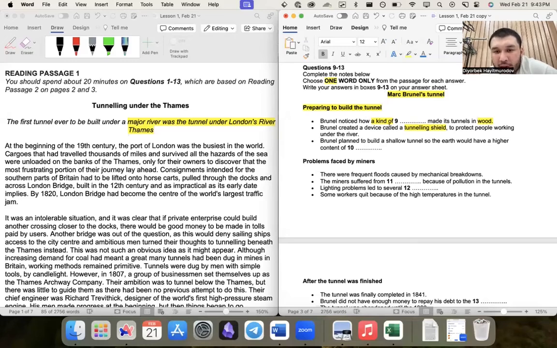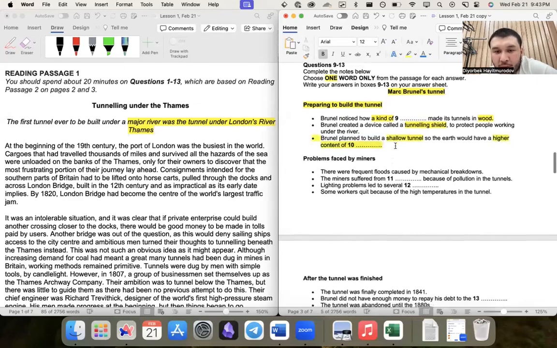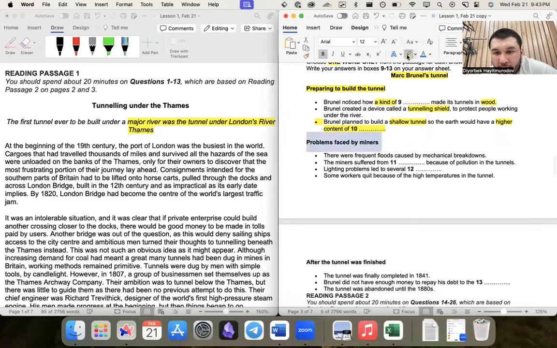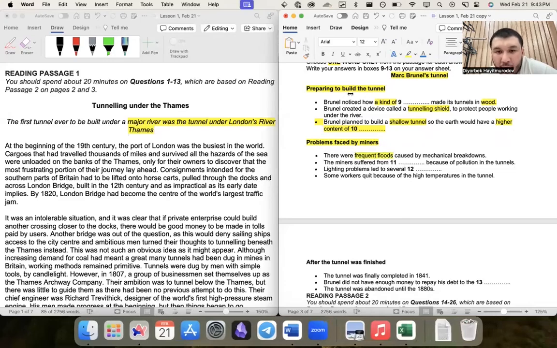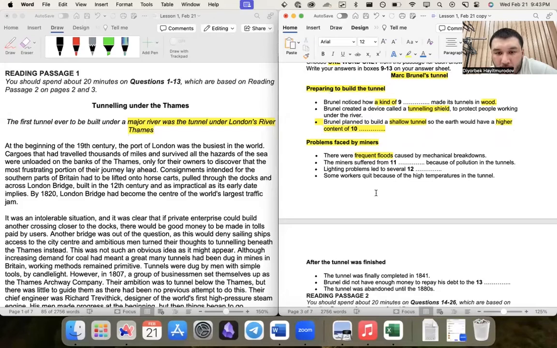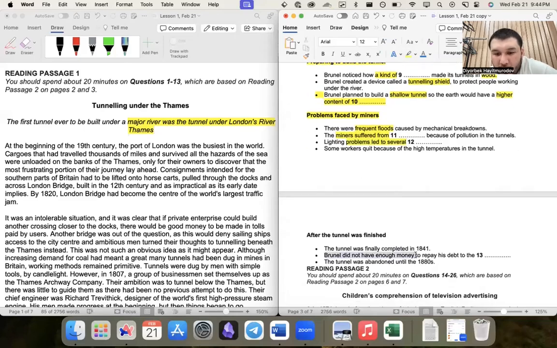"Brunel planned to build a shallow tunnel, so the earth would have a higher content of something." Some problems faced by miners. What kind of problems were there? "There were frequent floods caused by mechanical breakdowns." "The miners suffered from something." "Because of pollution in the tunnels, lighting problems led to several something." "Brunel did not have enough money to repay his debt to somebody," or the government probably, right?